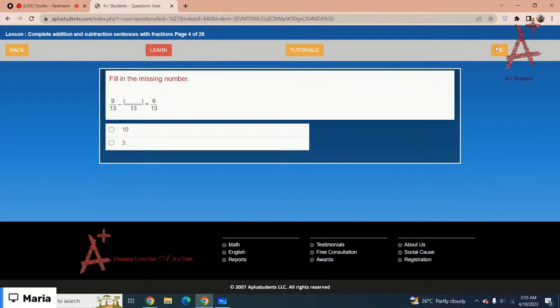Okay, 9 over 13 minus the missing number over 13 equals 6 over 13. So 9 take away which number equals 6? It would be 3. Very good, because 9 minus 3 is 6.